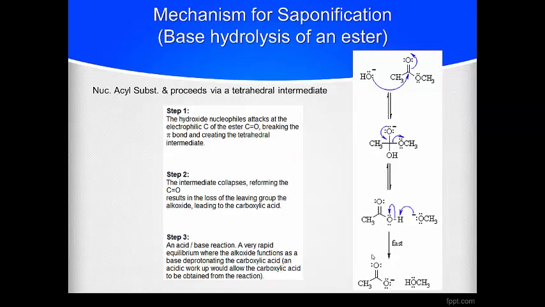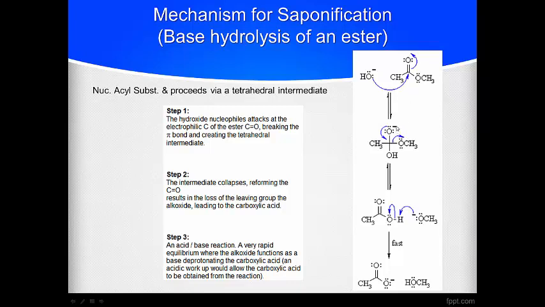So the mechanism for saponification, again we're looking at the base hydrolysis of an ester, is when you have your base, so your OH minus, attack your carbonyl carbon, and then again your electrons bump up onto the carbonyl oxygen to get that negative charge.